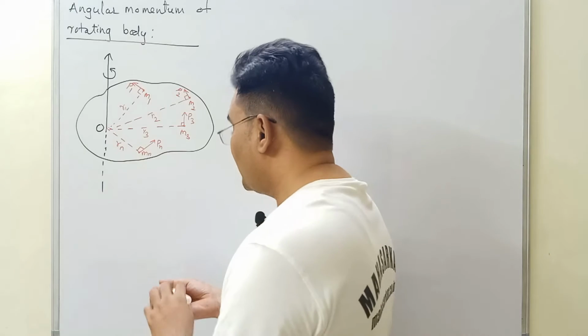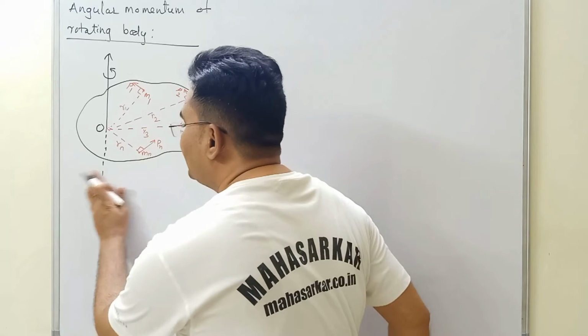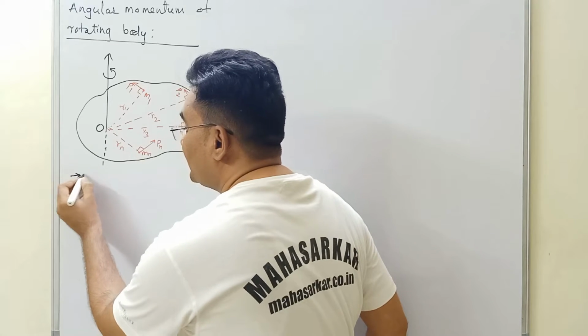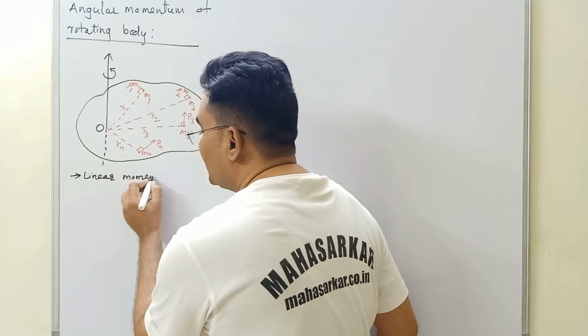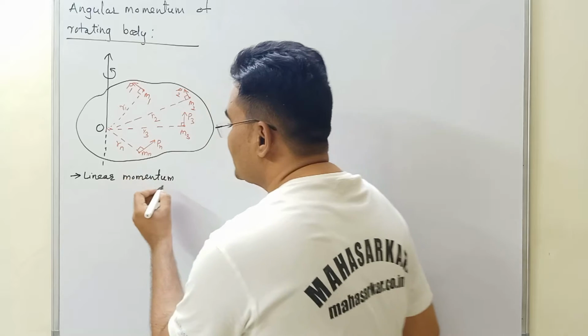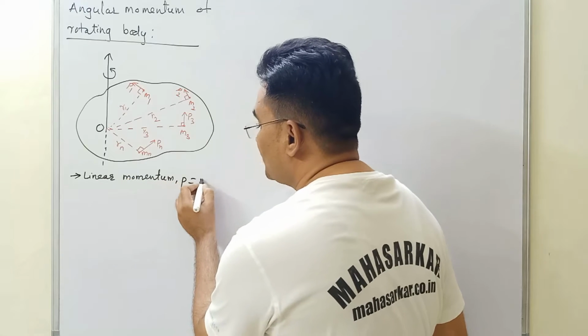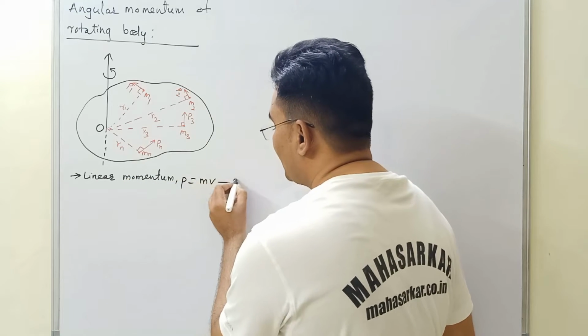So if you write the first basic formula that is required here, it is linear momentum in translational motion: P is equal to the product of mass and velocity.